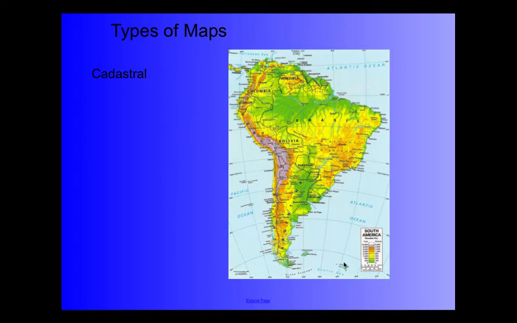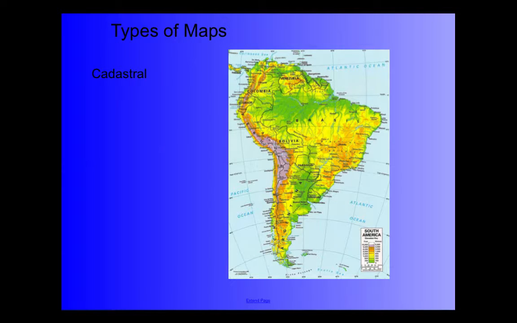They talk to us about the height of the land, and we can see the mountains down the left-hand side of the continent again, and we can see the edges of the countries and the names of the countries. So when looking at these sort of maps, they're useful for finding out why things are where they are.